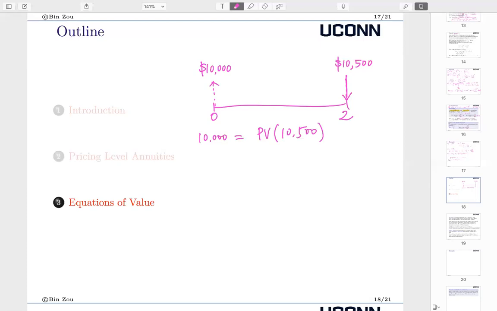So here I apply discounting, or you can also say the accumulated value of $10,000 is equal to $10,500. Of course, the period is 2 years. So when you discount or when you accumulate, you need to make sure the factor is for a 2-year period. Okay. So that's pretty much everything of this section.